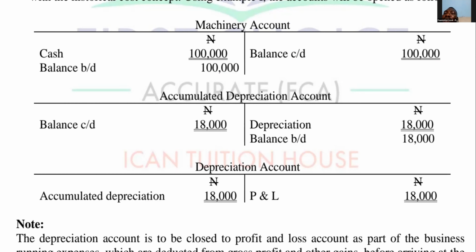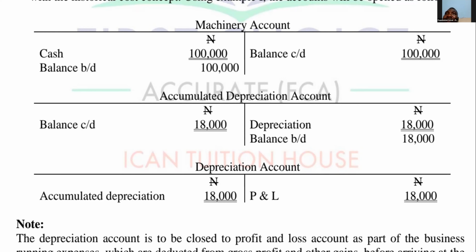Then after that, your accumulated depreciation will have balance carried down if you want to close the account, because it's treated like an asset account. It seems like a liability, it's not an expense, but it's charged against the asset. It's used to reduce the asset.